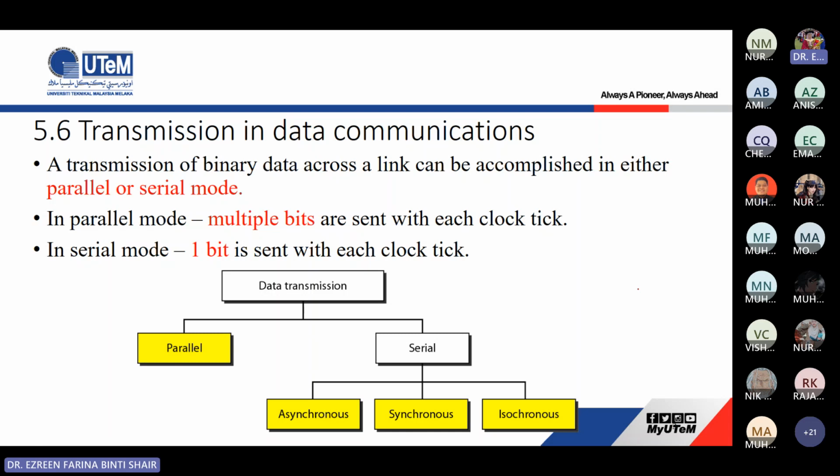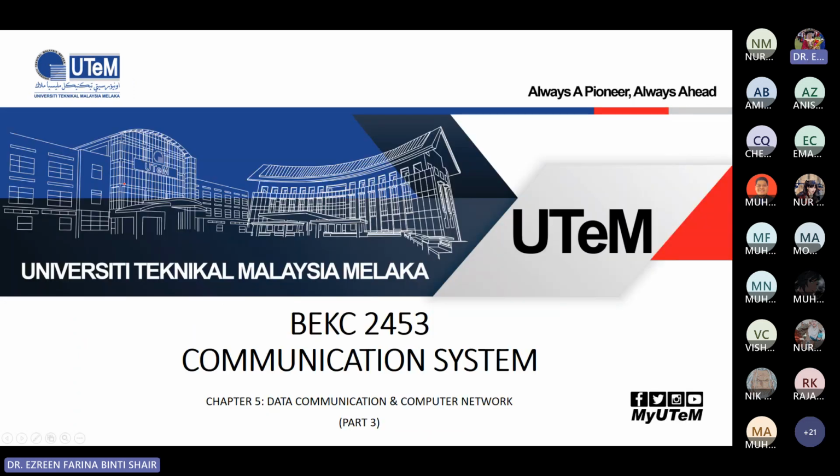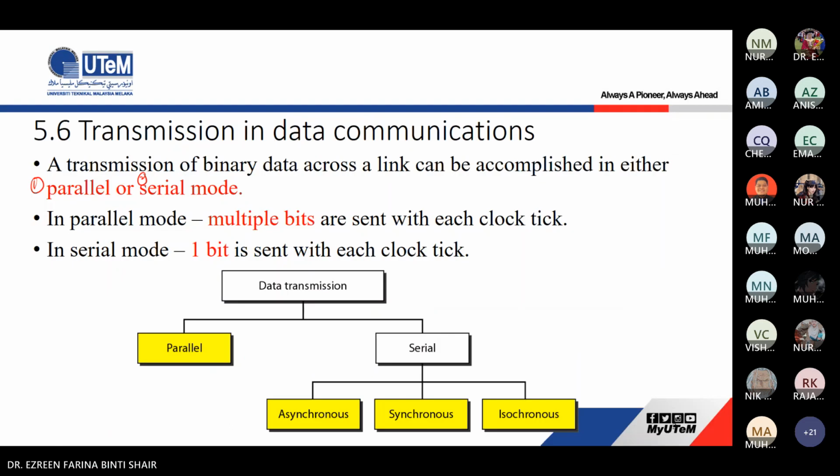For transmission and data communication, it can be accomplished in two modes. The first one is parallel, the second one is serial.